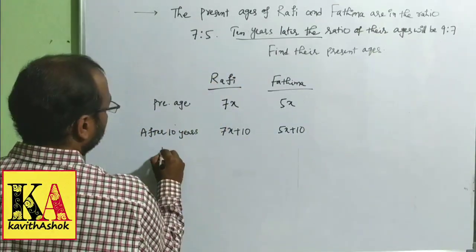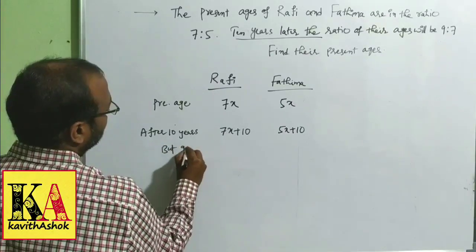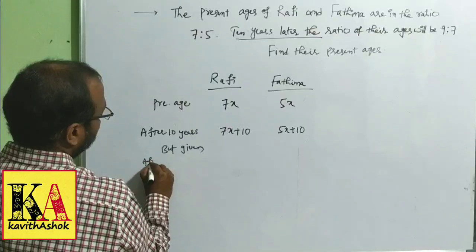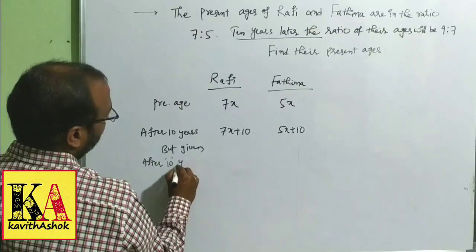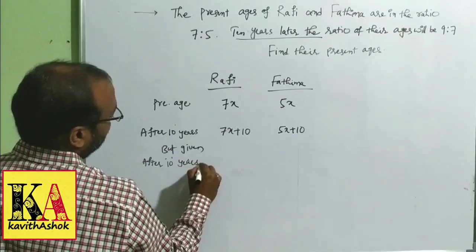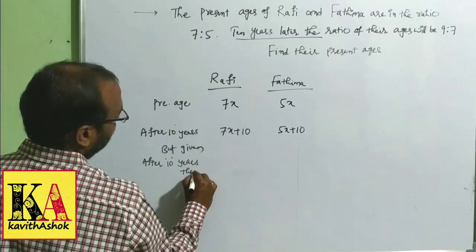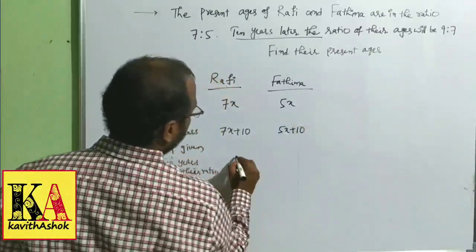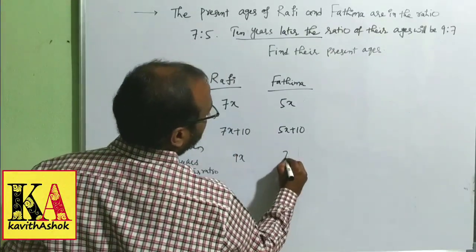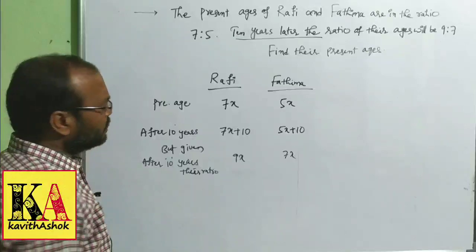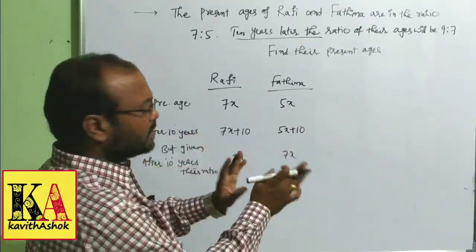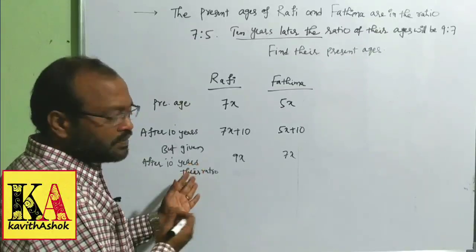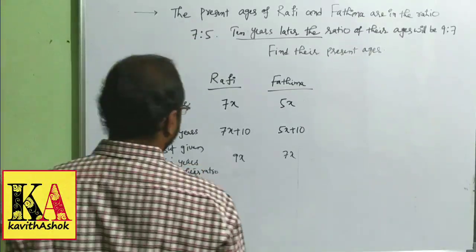But given after 10 years, their ratio is 9x and 7x, or simply we can take that as 9:7. No problem for that here. If you take 9:7 also, we can get the same answer, right?